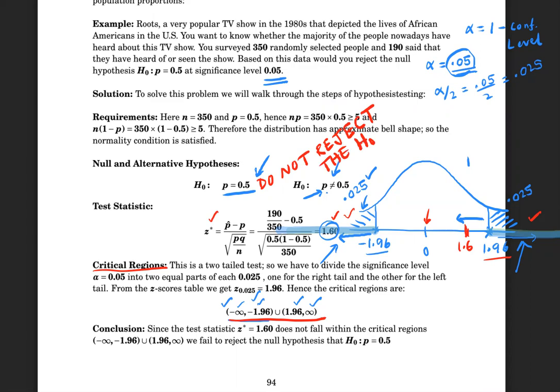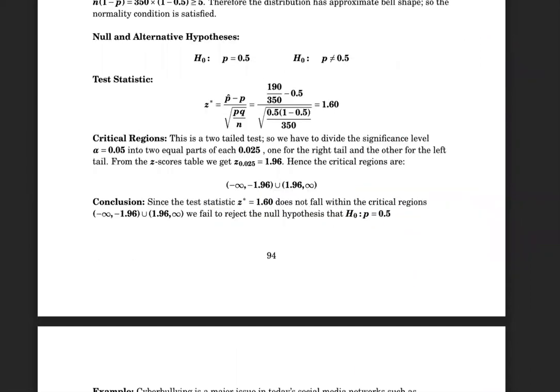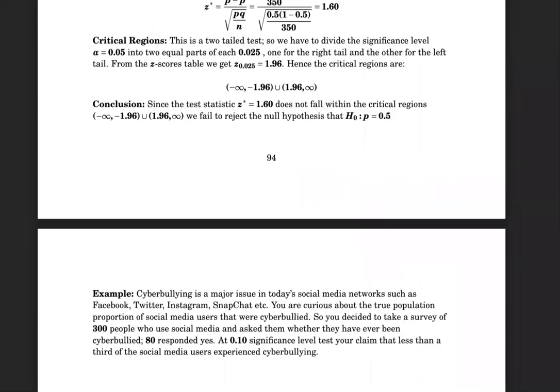If your test statistic does not fall in the critical region, then you do not reject the null hypothesis. On the other hand, if it does fall in the critical region, then you reject the null hypothesis. All right? So that's what the conclusion is.